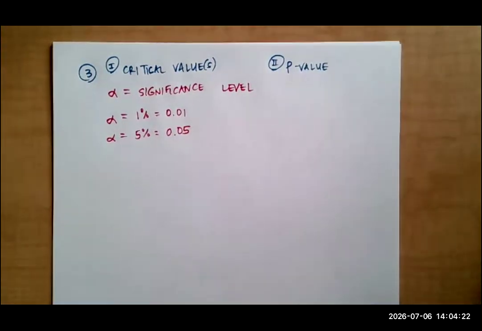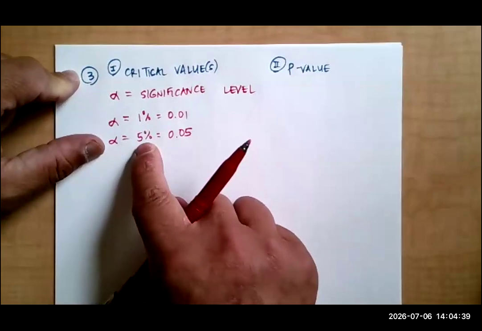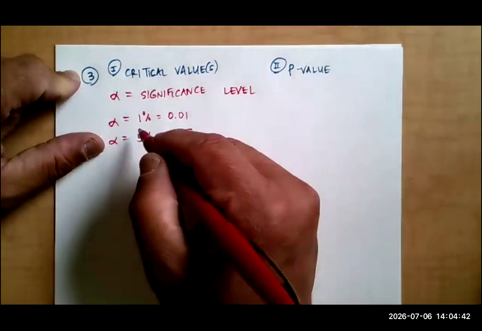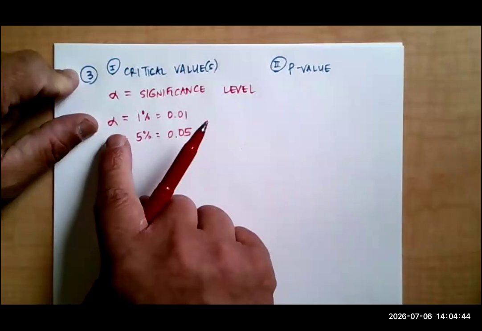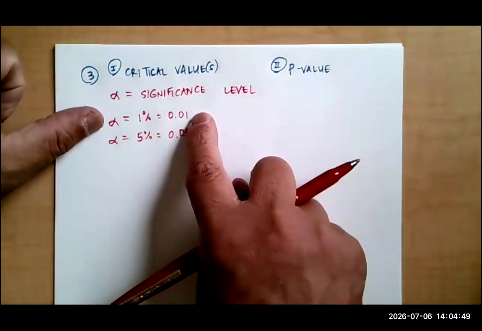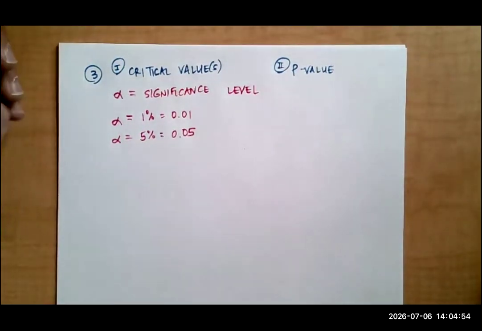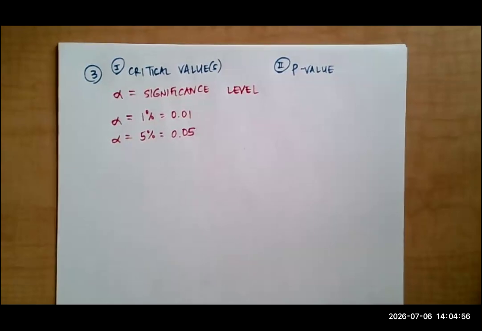But similar to our work with confidence intervals, where we can use any confidence level we wanted, 95%, 99%, 92%, so on, significance levels can be any percent. Most likely though, 1% and 5% show up. We can have 10%. And you'll see that similarity, because we have that alpha with our confidence levels, 1 minus the confidence level.